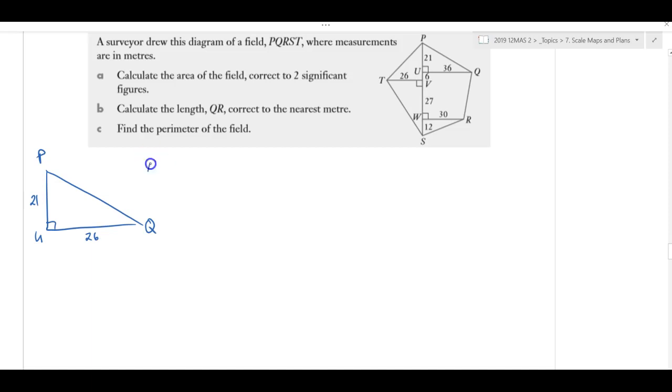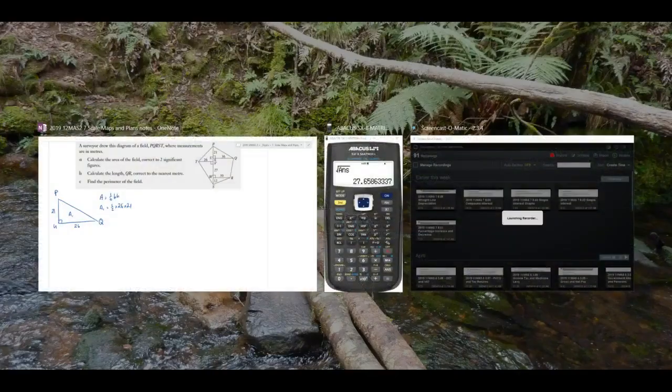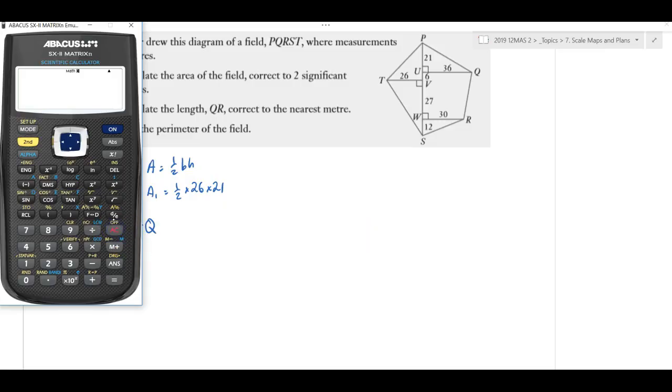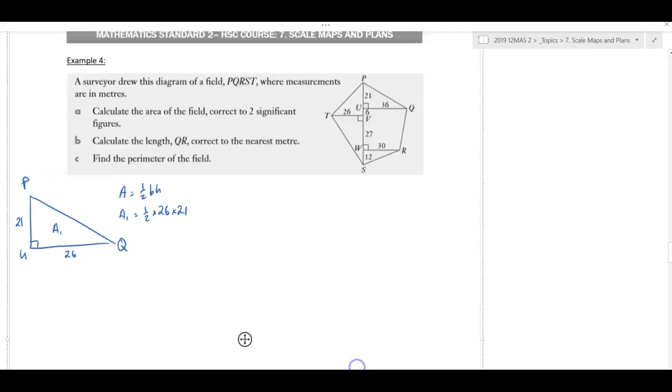Now, the area of a right-angled triangle is half the base times the height. So in this case, I'm going to call this area 1. Area 1 is equal to half times 26 times 21.